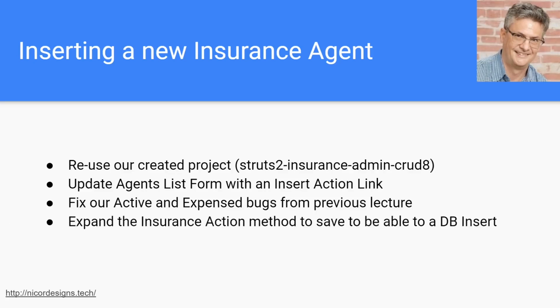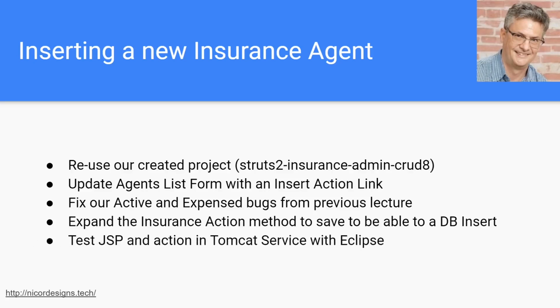We will expand the insurance action method to be able to do a database insert, and we will also obviously run our main method test. And finally, we will test the JSP insert and the insert action in the Tomcat server with Eclipse.